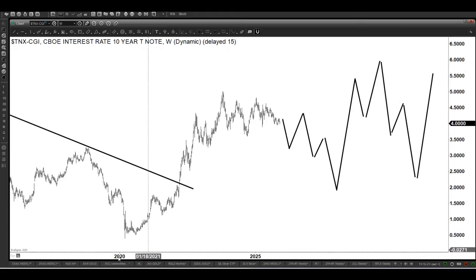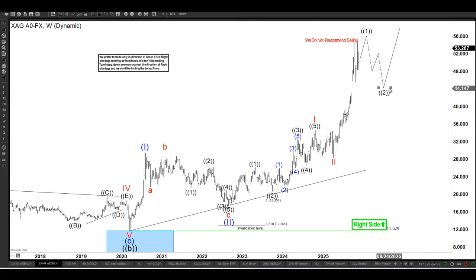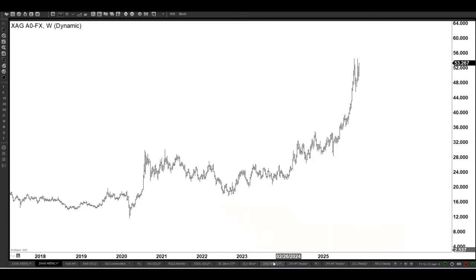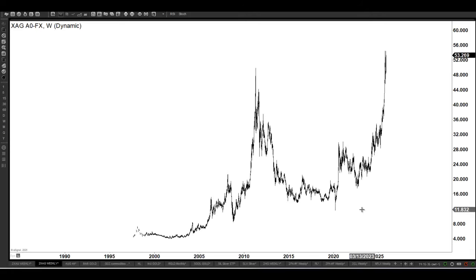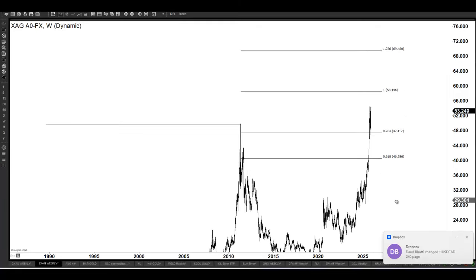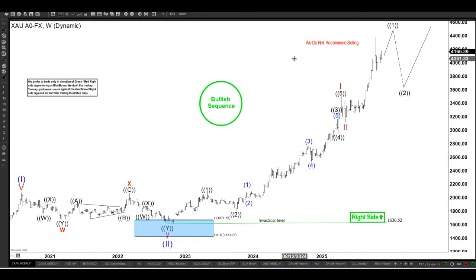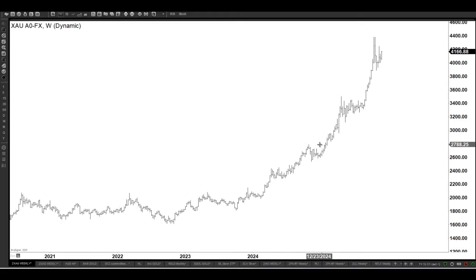And it starts with silver. We have a silver target around 87, 100 and extension 110. We have a gold target.